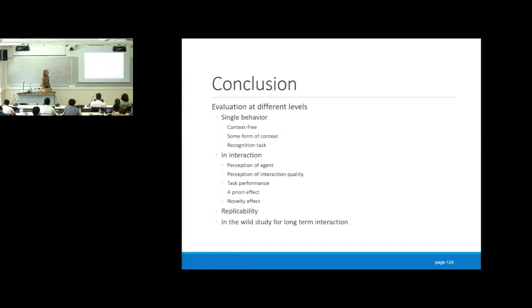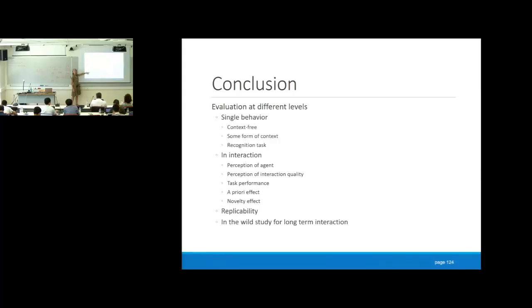What is important when you conduct evaluation studies is to have evaluation at different levels: single behaviors, which can be evaluated in a context-free manner, so just signals in a very controlled context, often with a recognition task. And afterwards, when you have an interaction, you can study the perception of the agent, the interaction quality, and how it affects task performance.